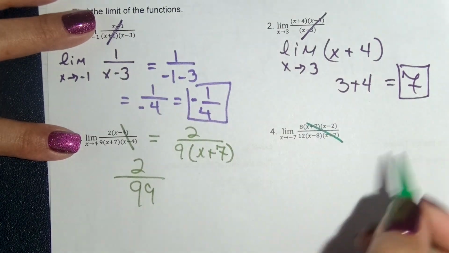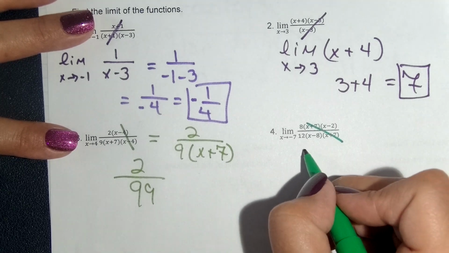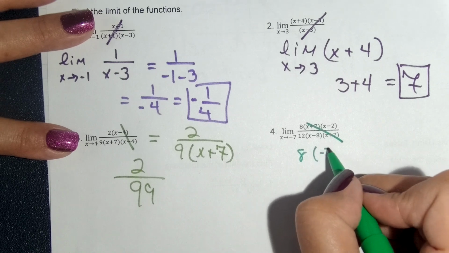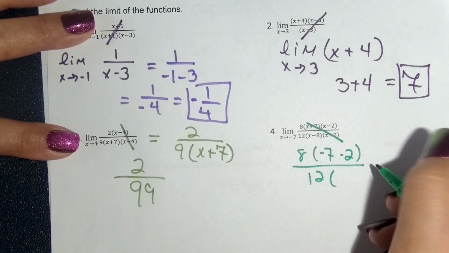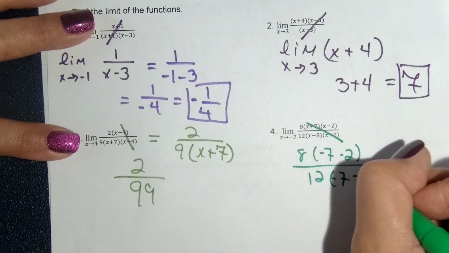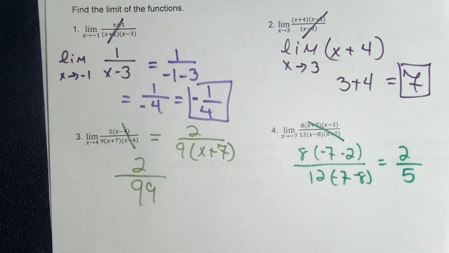What's the next one? What do I do? 2 over 5? Yeah. Hold on. Because it's supposed to be like negative 7. Yep, it should be 2 over 5, I think, if I did my math right in my head. Wait for number 1.